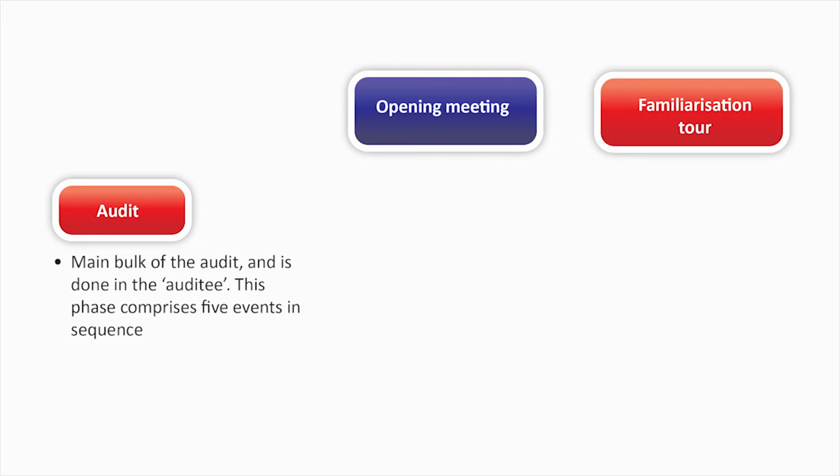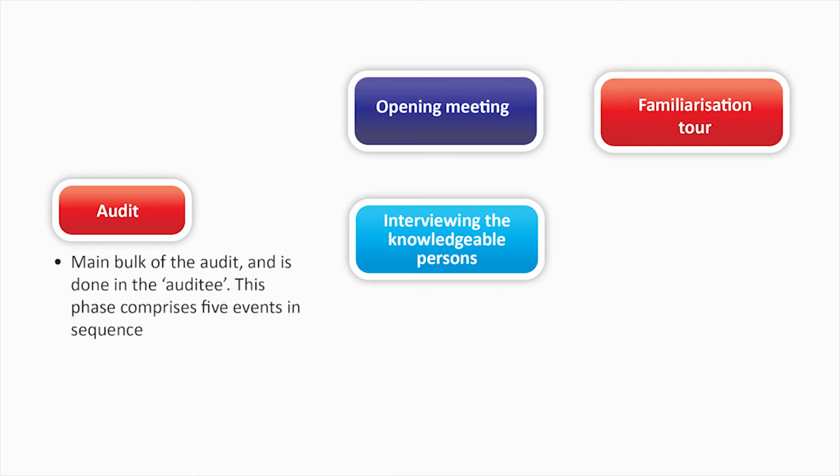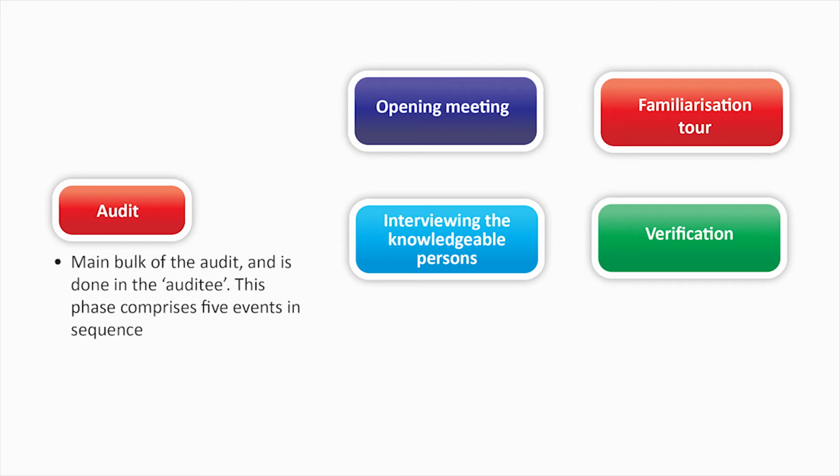This event is not needed if the audit team members are familiar with the site. Thirdly, interviewing the knowledgeable persons. This is the essence of the on-site audit, whereby key personnel are interviewed to obtain facts in response to the audit questions.